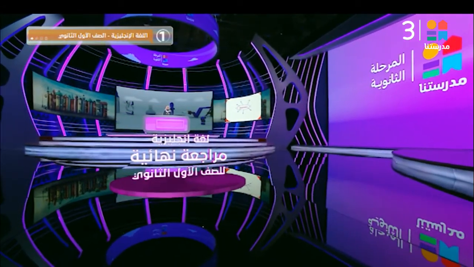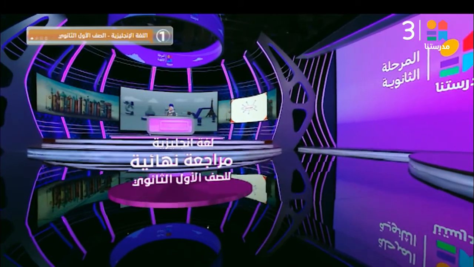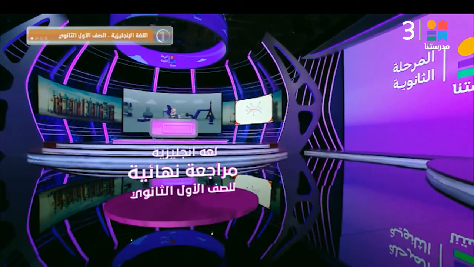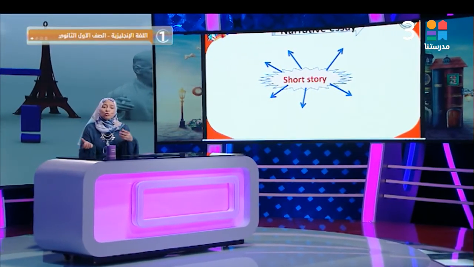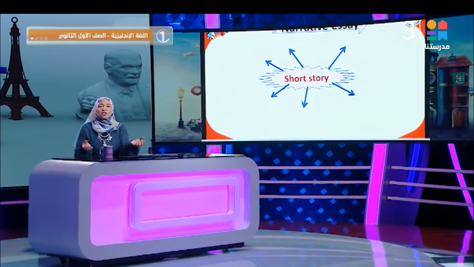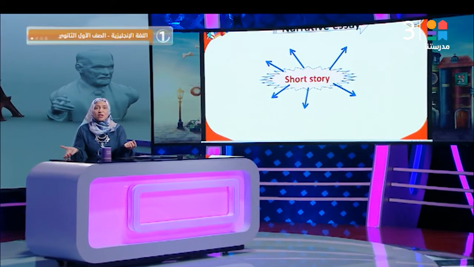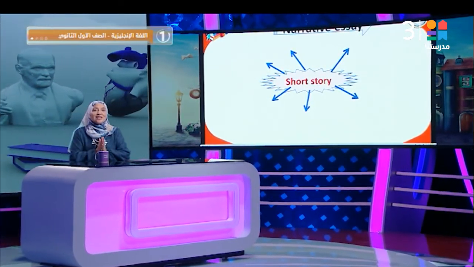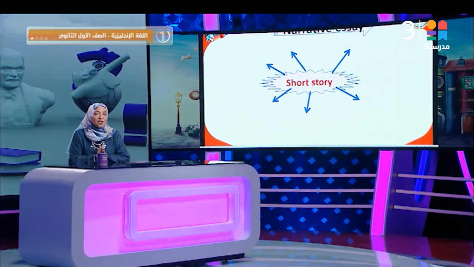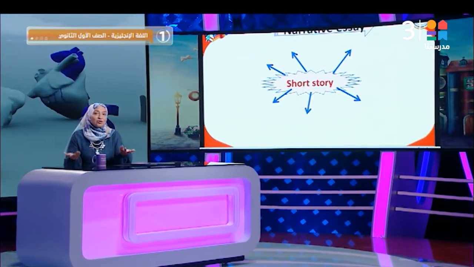For example, we can say that the mobile phone has advantages and disadvantages. So here it's an argumentative essay. We are going to talk about a paragraph about the advantages and another paragraph about the disadvantages. Okay, so it's argumentative. Again, it can be narrative. What's a narrative? Narrative means to tell a story.